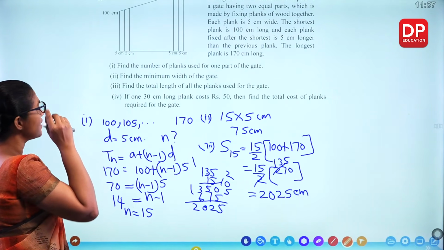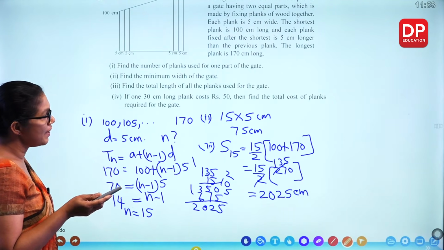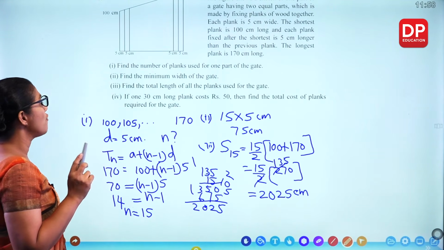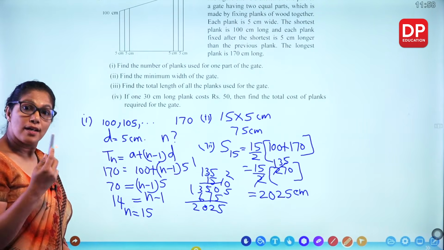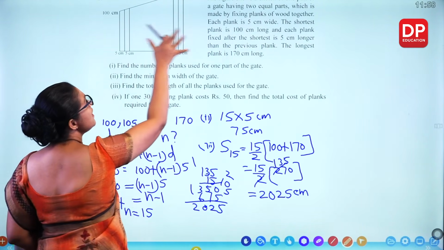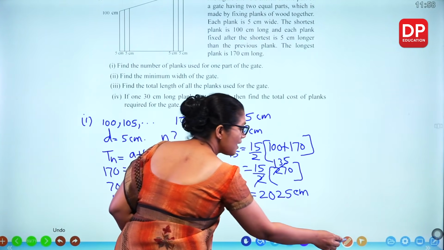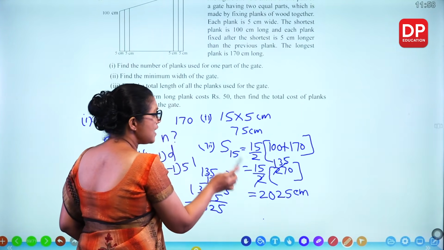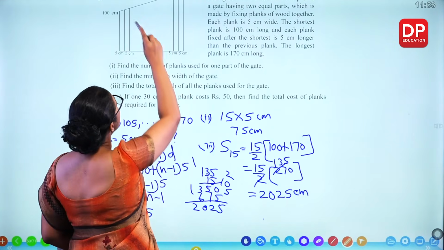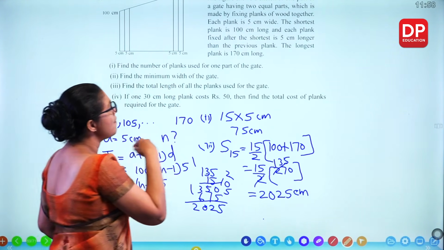For the fourth part, it says if one 30 centimeter long plank costs 50 rupees, find the total cost of planks required for the gate. Gate means there are 2 of these. So what's the total length now? For 15 planks, one side is 2025.